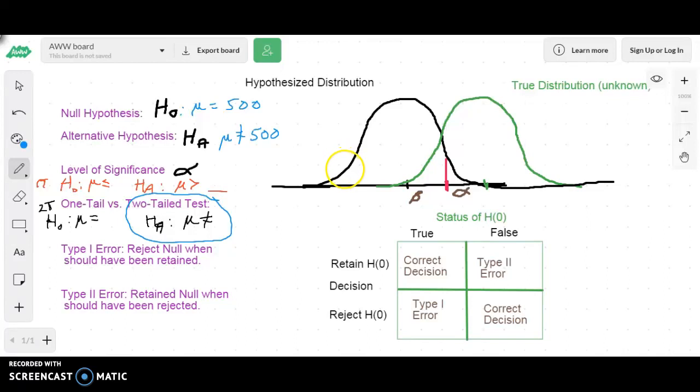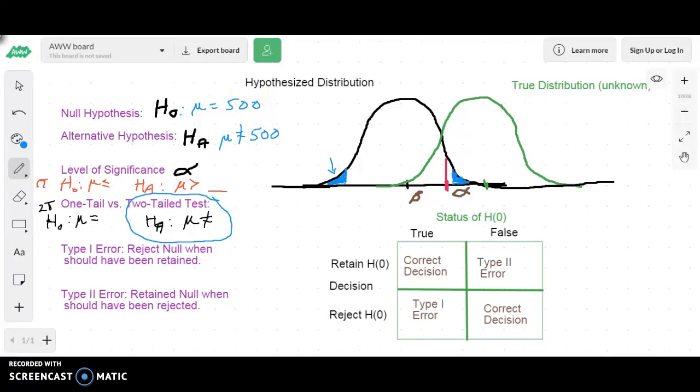And we're going to set up parameters on both tails to say that, all right, we understand that there's going to be differences, but if we take a random sample of, say, 36 students, and the mean of those 36 students ends up being beyond our certain marker here, I understand that there's a small chance that I happen to get a sample that is low from a population that has a mean of 500.